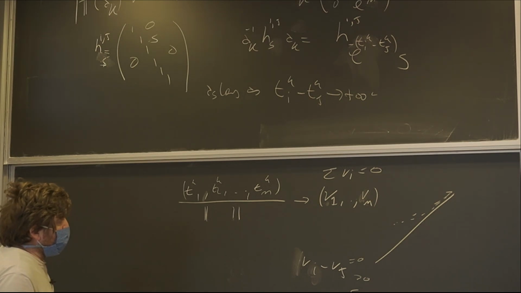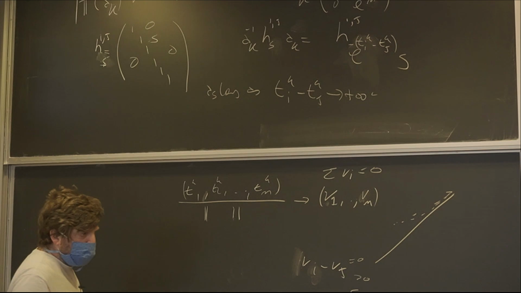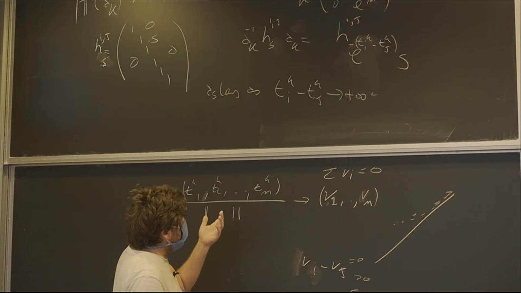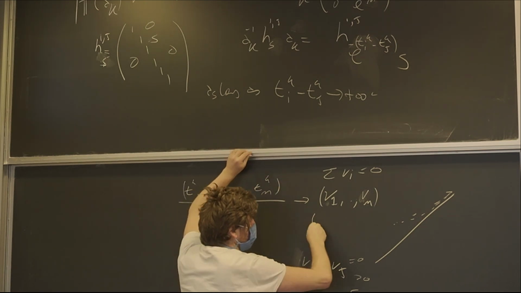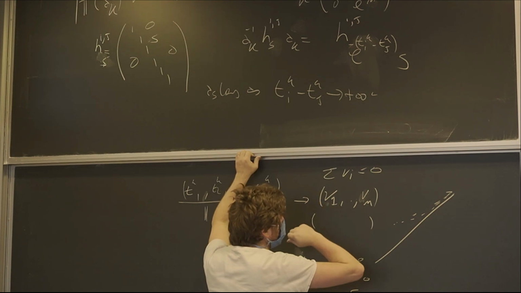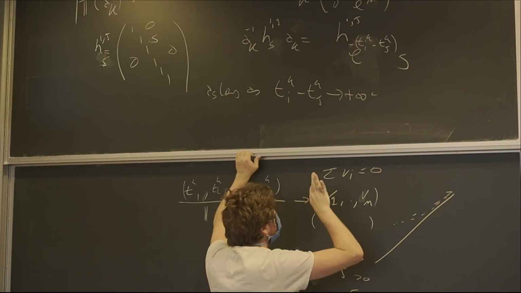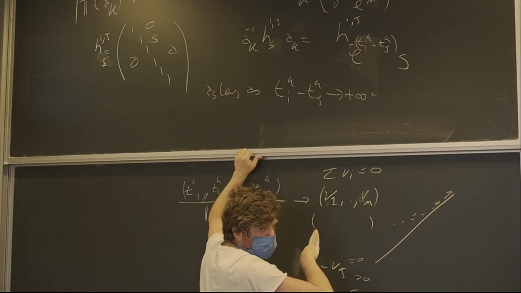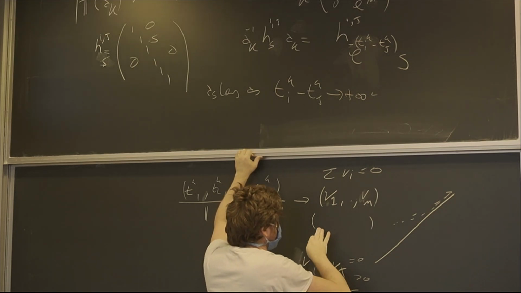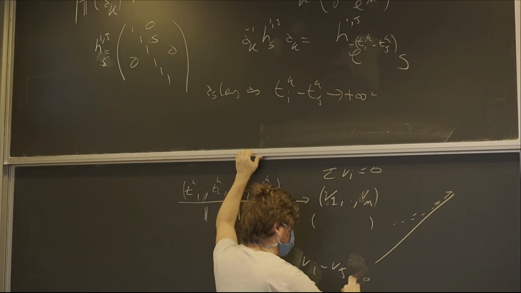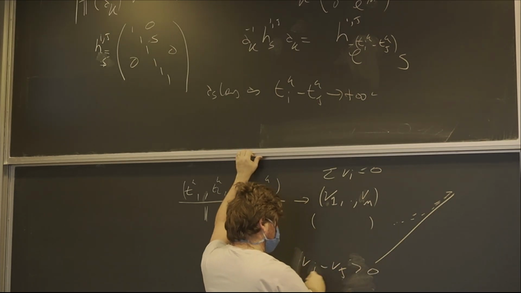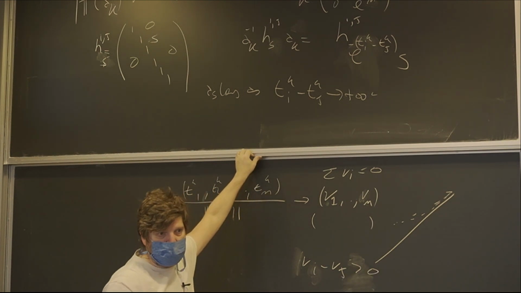Again, I could do it, but at the end of the day, I will know a little bit better than just trying to argue minimalistically, which is that I have a lot of ij's with bi minus bj positive.